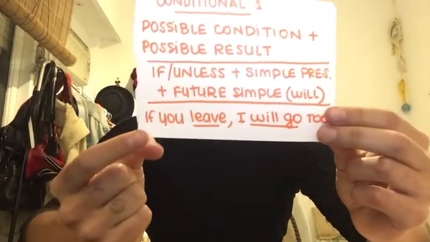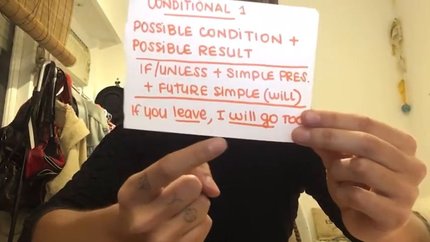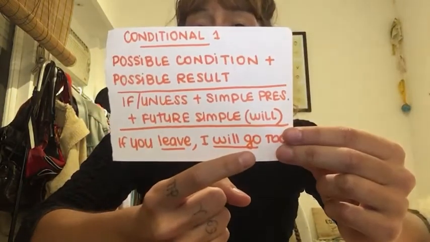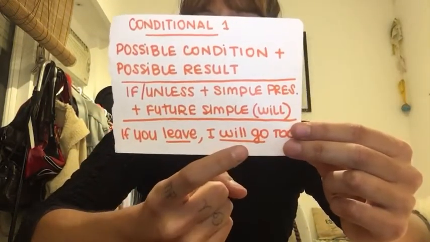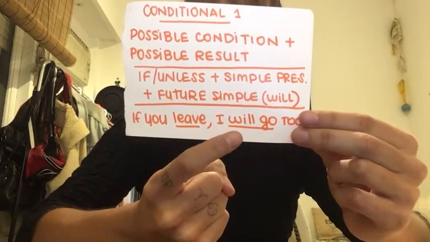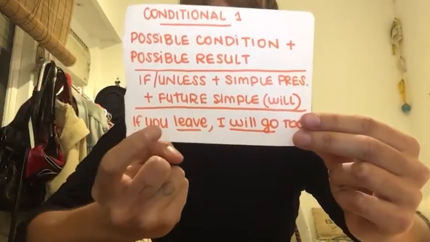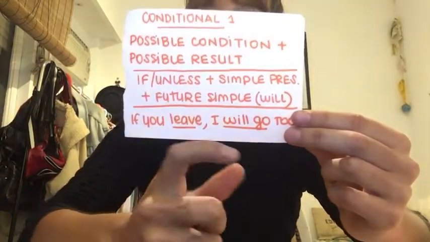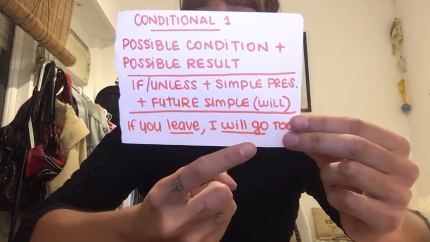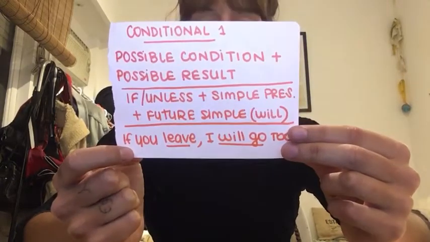Let's look at the example. If you leave, I will go too. Si te vas, yo me voy a ir. If you leave, I will go too. So condition part and future result. Obviously, because these are clauses, we can change the order. I can say something like, I will go too if you leave, okay?